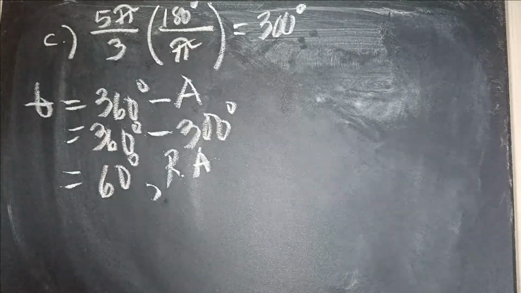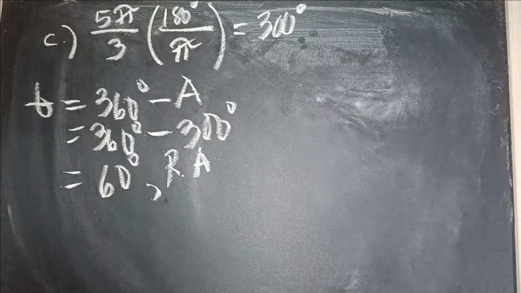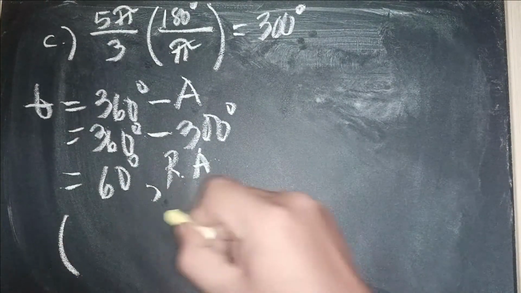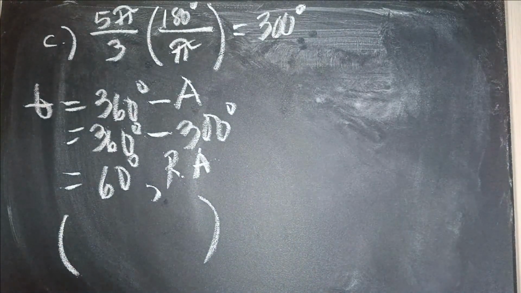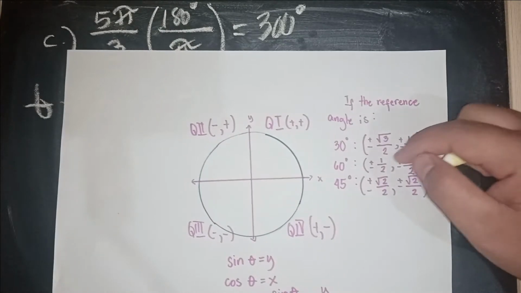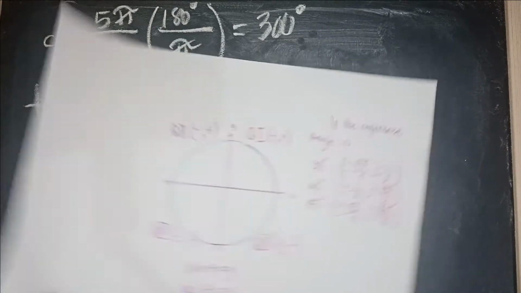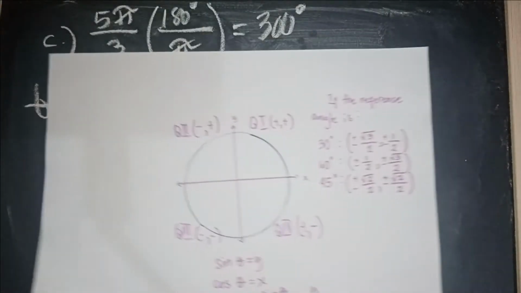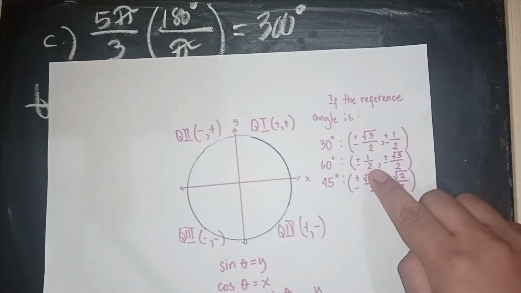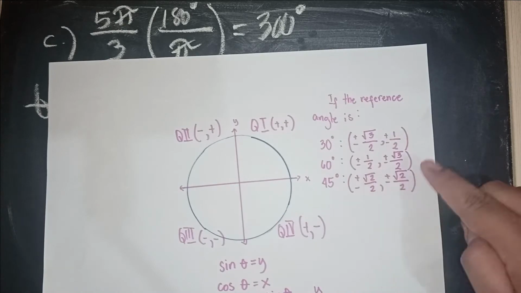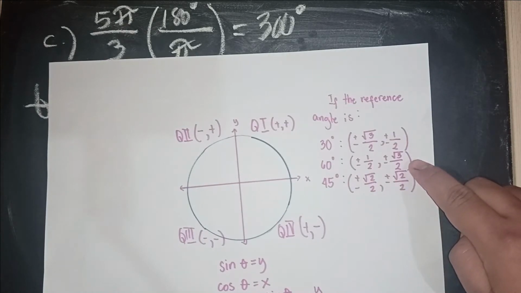So, once nakuha na natin yung reference angle, we can now determine the coordinates of the point of intersection between the terminal side of 300 degree and the unit circle. Since the reference angle is 60 degree, ito po yung possible na coordinates. So, since the terminal side lies in quadrant 4, ibig sabihin, positive yung x coordinate, negative yung y coordinate.